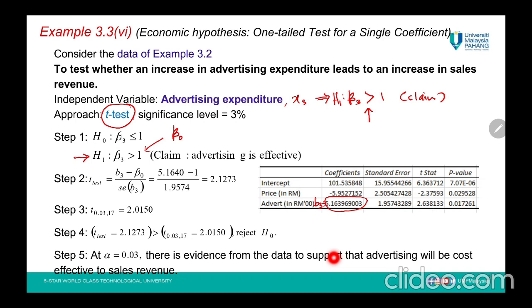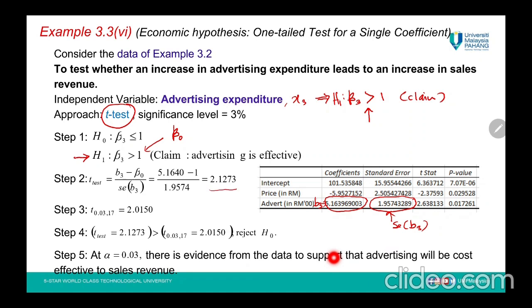This is the standard error for B3, SE(B3). So the t-test now is equal to 2.1273. So we complete step 2.